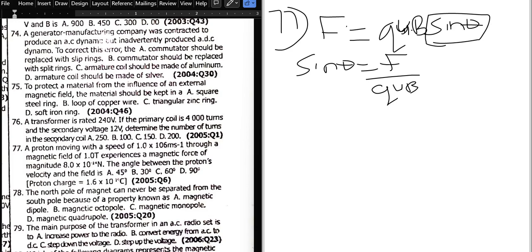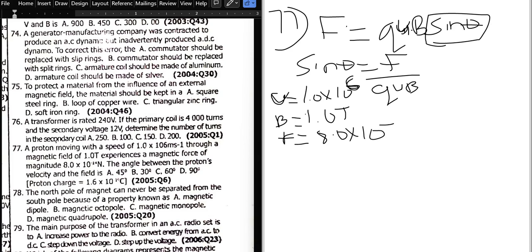All right, so let's take down the things that we have. What we're given is the proton speed, which is this small v here. Proton speed is 1.0 times 10 to the power 6. Then we have your B, which is 1.0 T. Then we have F, the magnetic force, which is 8.0 times 10 raised to the power minus 14.